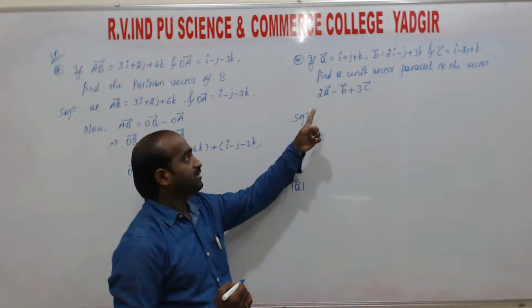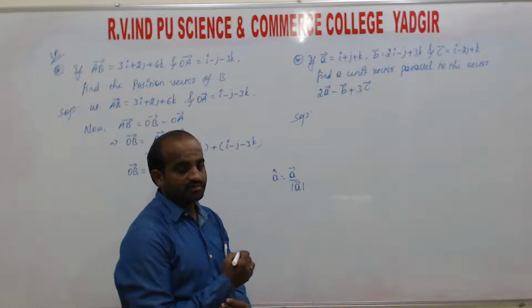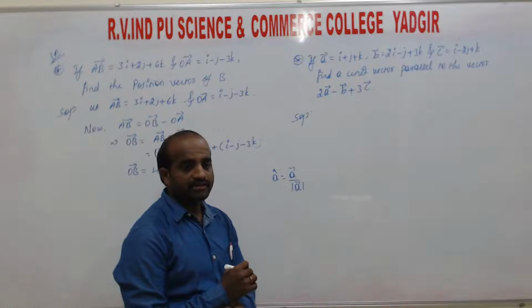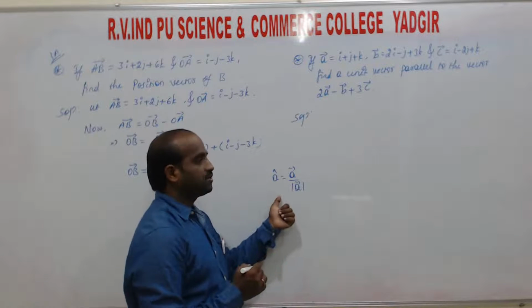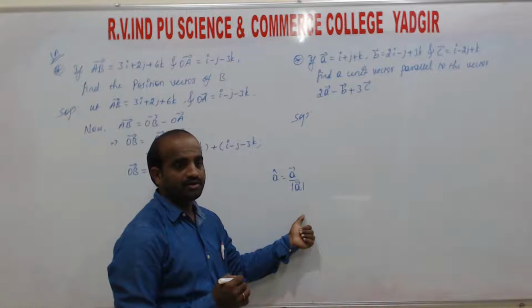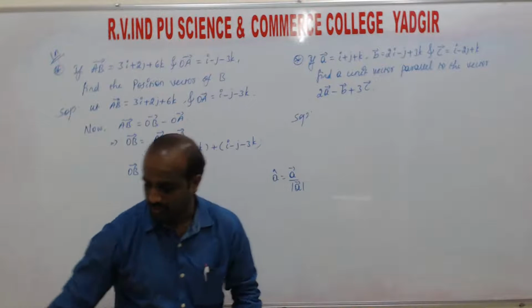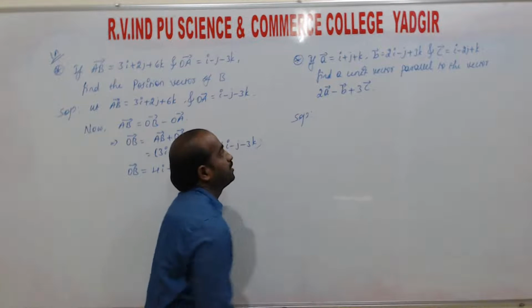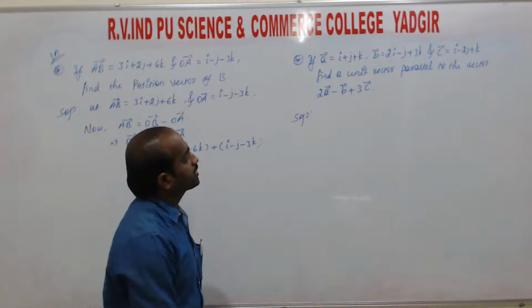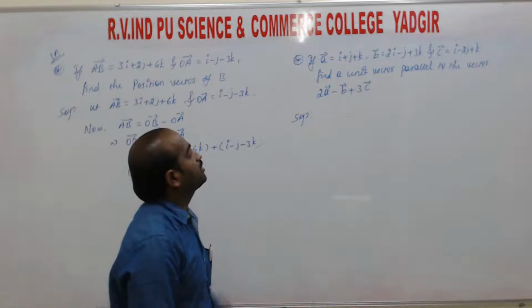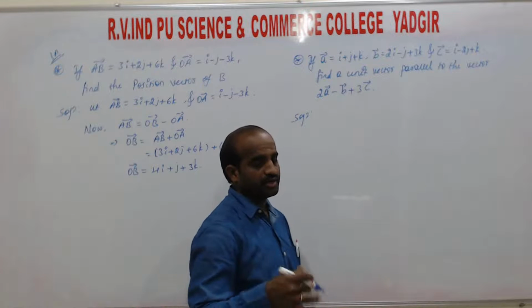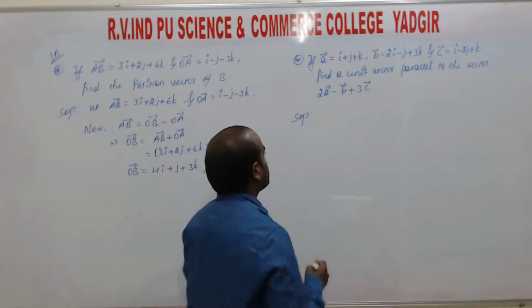I am also telling the definition of unit vector. Find unit vector parallel to the vector 2a minus b plus 3c. We are taking it as d vector.